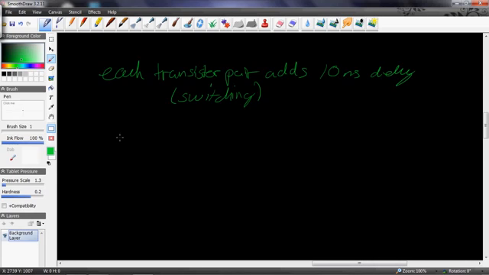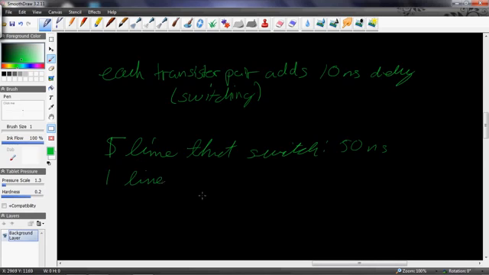But anyways, so each of these goes through, and say I have 5 transistors in a line that switch. Then I would have 50 nanoseconds. So now the problem really becomes, say I switch 5 the first time, and I do the exact same operation, but I only switch 1.